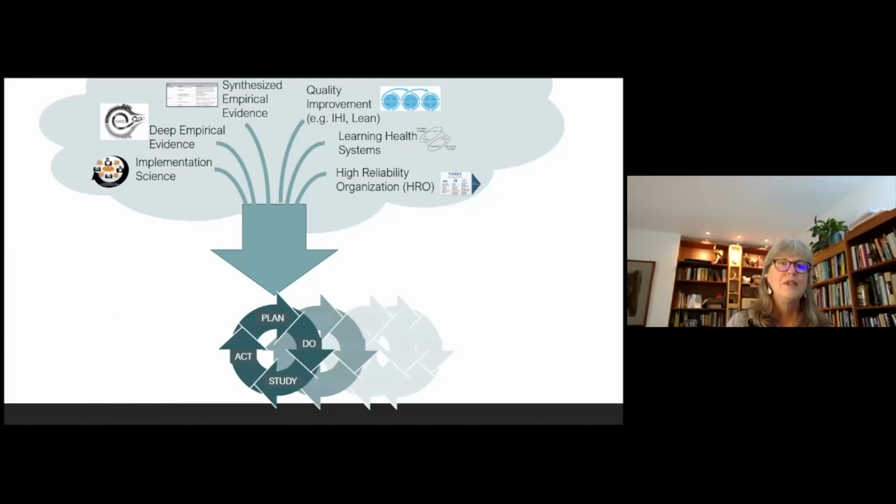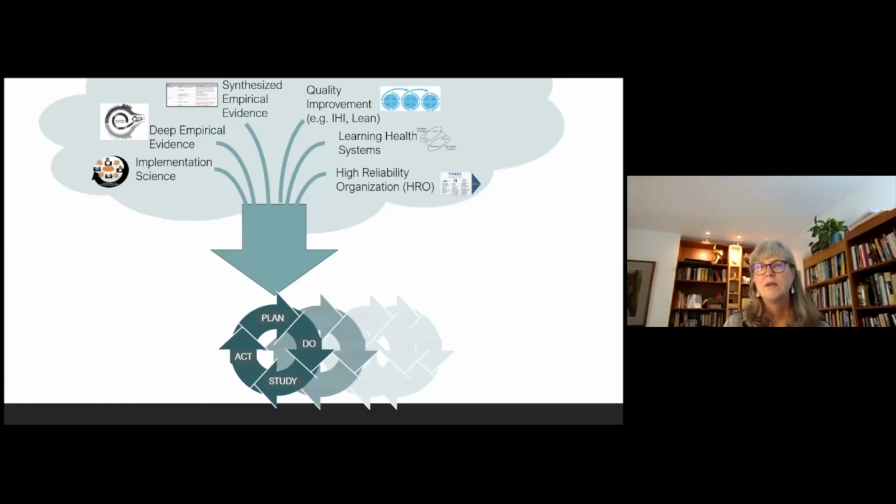And when you put this all together, we've got implementation science, synthesized empirical evidence, quality improvement theories and methods, and theories of learning health systems, the importance of learning loops at the micro and macro level within the organization.